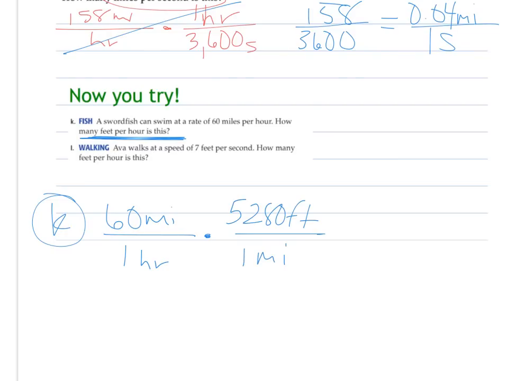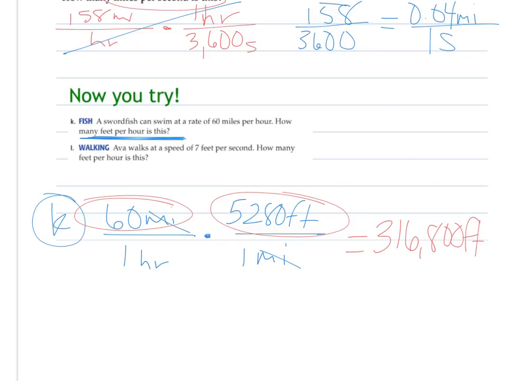Notice how I'd be dividing by multiply the kind of reciprocal there. So I'm trying to get rid of those miles. So if there's that many feet in 1 mile, I want to know how many feet there are in 60 miles. So I multiply across, and I get 316,800 feet per hour.